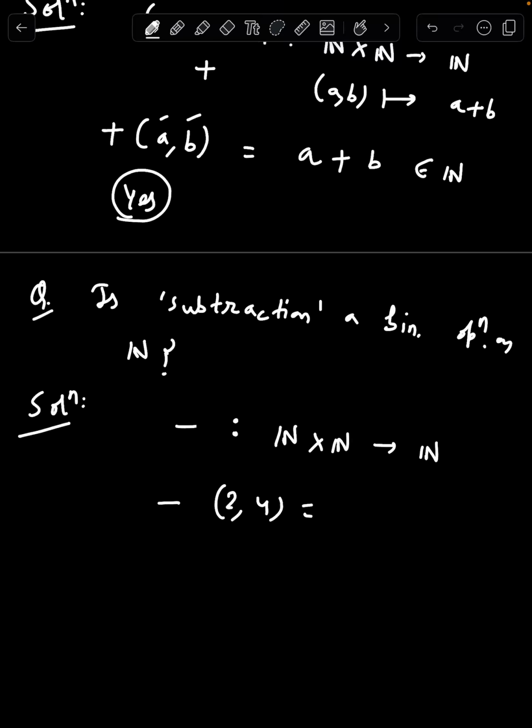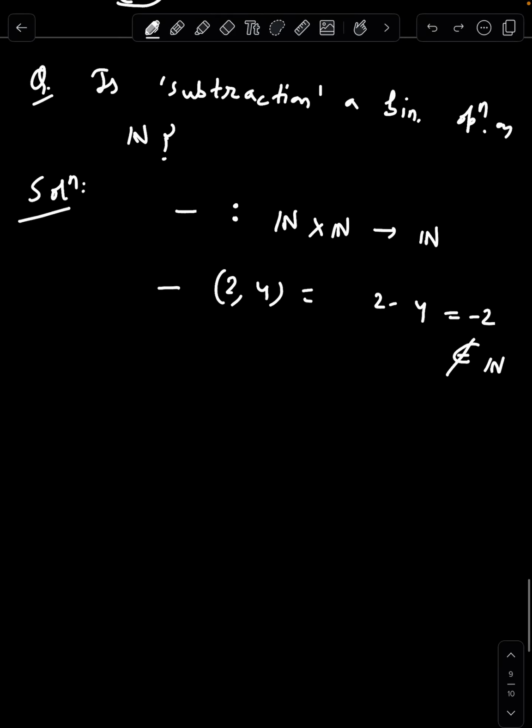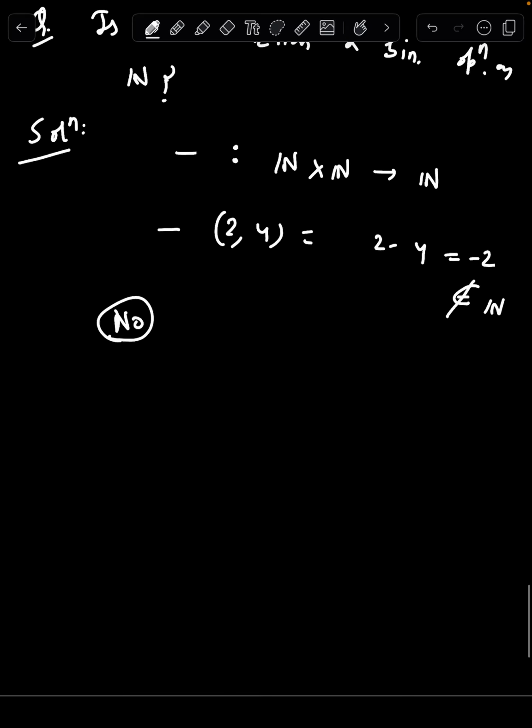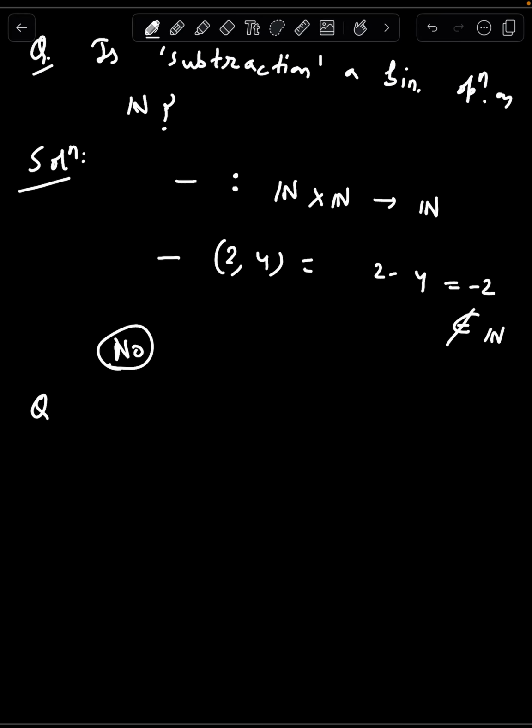What is the subtraction seen as a function? This is 2 minus 4 and this is minus 2, which is not inside n. So this function is not sending this to the codomain. It's not even a function, right? So no. Similarly, division is not a binary operation on script n.